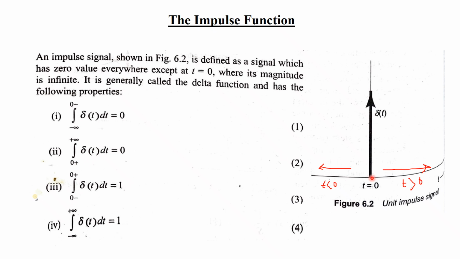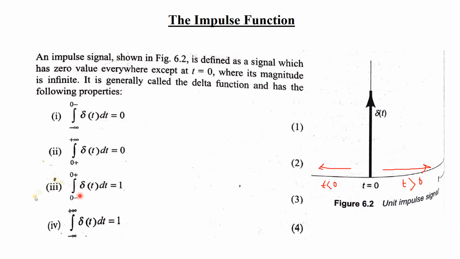And if you want to measure from 0 plus, that means just after 0, like 0.00001 or whatever, just a fraction after 0, up to plus infinity, then also it is 0. So only when it is between 0 minus to 0 plus, that means exactly 0, then only will you get the magnitude.